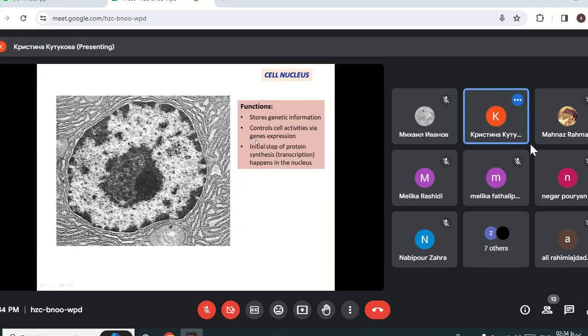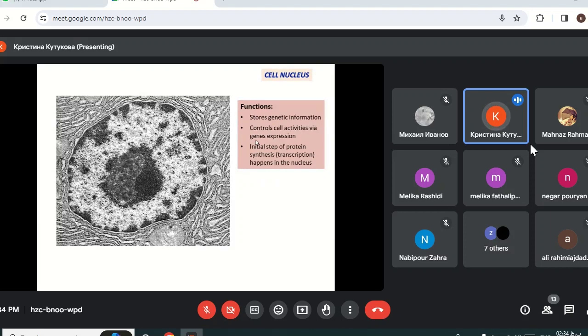Genes are portions of DNA encoding proteins, and these proteins can be enzymes which help to perform some functions. And in different cells, different genes are active and other genes are blocked.